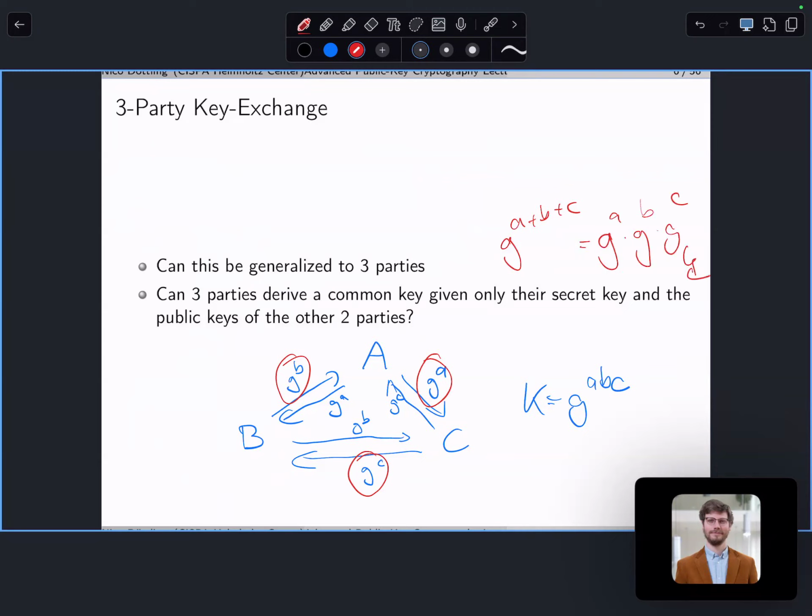This is bad, because what we want of a key exchange is that the parties involved can derive this key, but any outside observer who just sees the messages they're sending to one another should not be able to recover such a key.